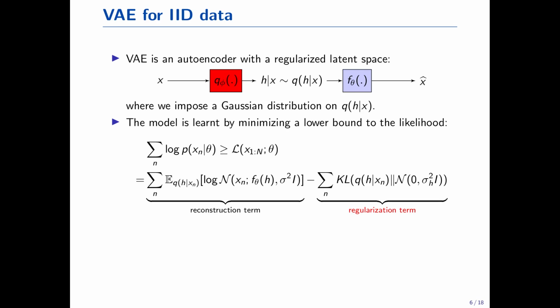In this case, it happens to be a spherical Gaussian distribution. But in the next 2 slides, I will argue that this standard Gaussian prior is too restrictive, and we are better off using a more complicated prior distribution for more accurate modeling of the data.